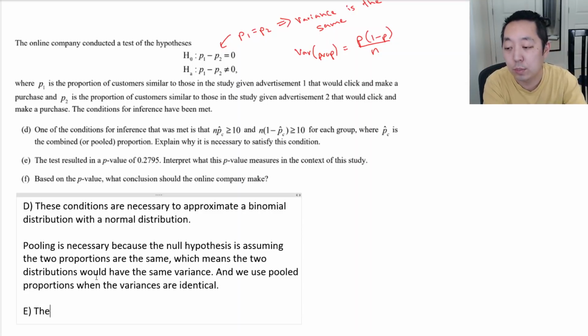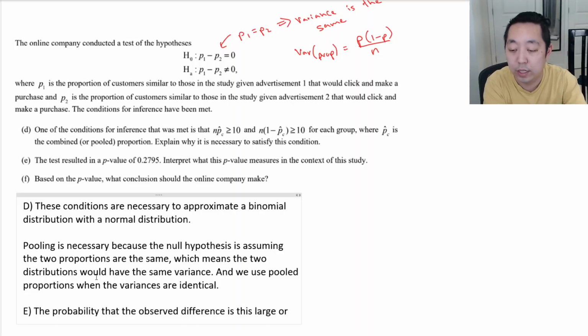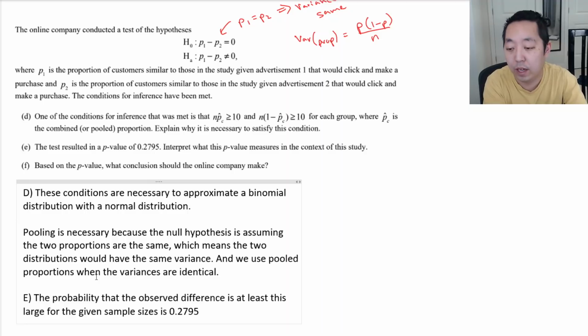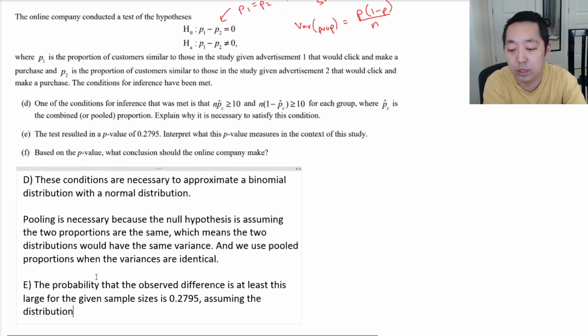The p-value is the probability that the observed difference is at least this large, for the given sample sizes, is 0.2795, assuming the population proportions are the same between P1 and P2.